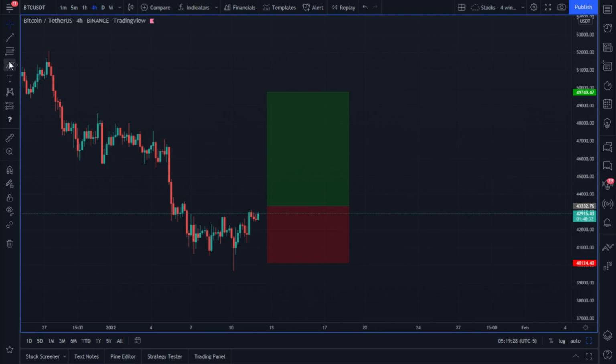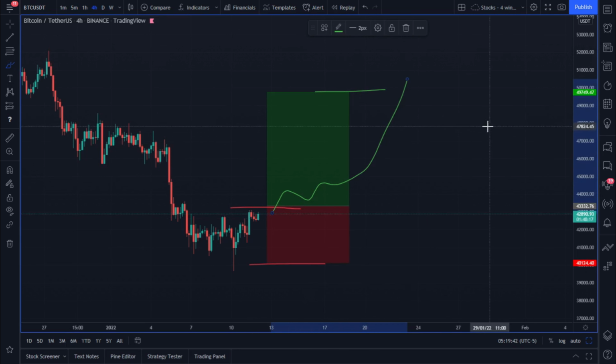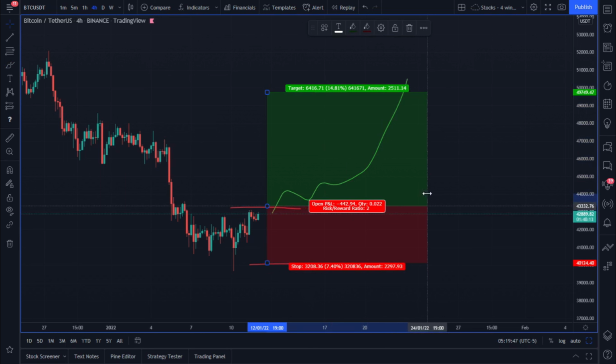Okay, same deal. Technical analysis says enter here, stop here, take profit here. Because we believe the price will do this, and double our money.